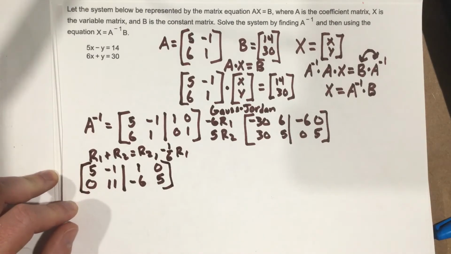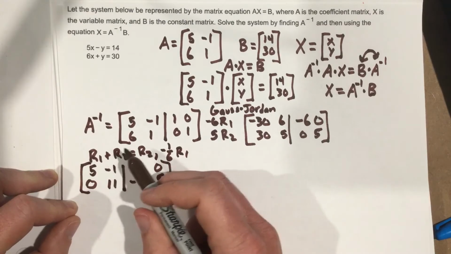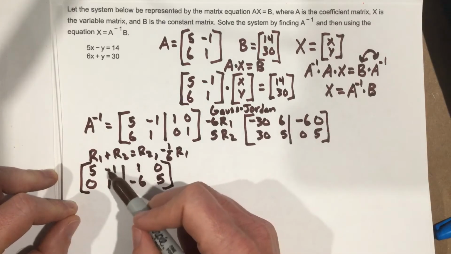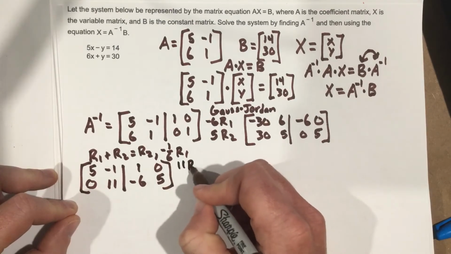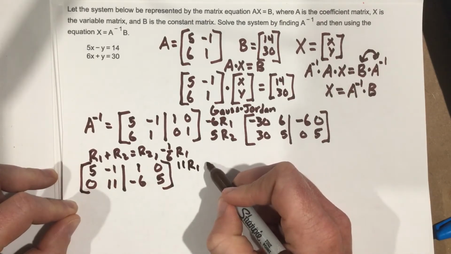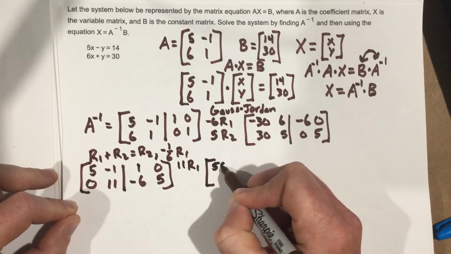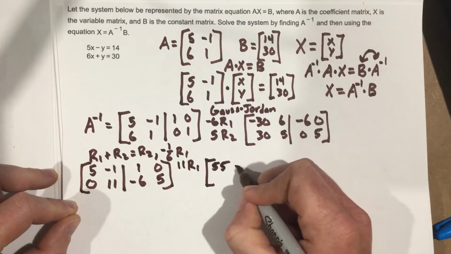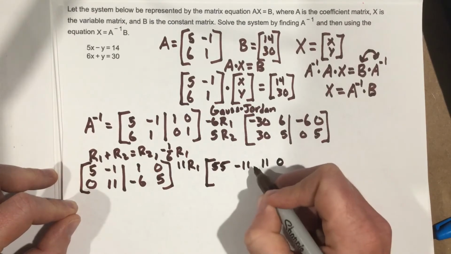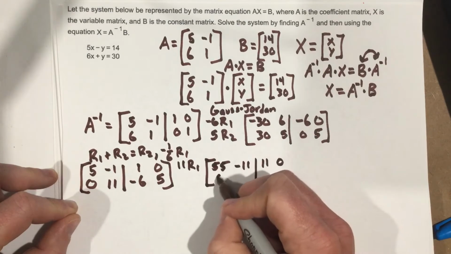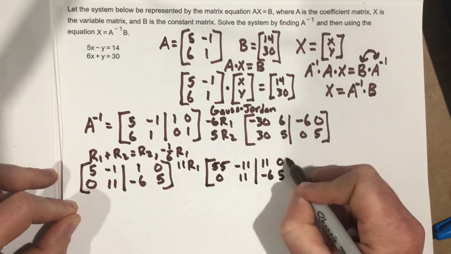Now I need to cancel out this piece to be 0. So I'm going to multiply by 11 on the top. So 11 R1. When I do that, I get 55, minus 11, 11, 0. On the bottom I get 0, 11, negative 6, 5.